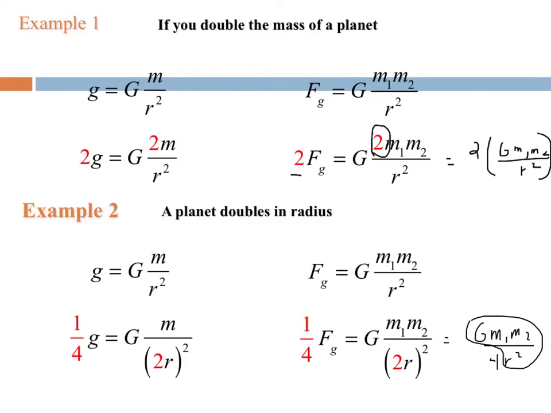Now here on the left-hand side, we are calculating the strength of the gravitational field, or the acceleration due to gravity. Again, if you are doubling the mass of that planet, then you are doubling its gravitational strength. And again, if you double its radius, then you are reducing its gravitational strength by a factor of 4.